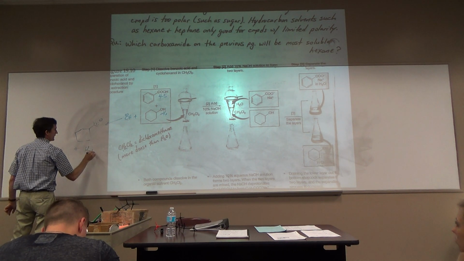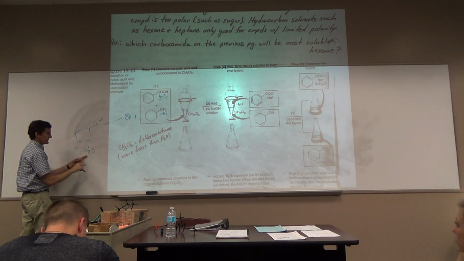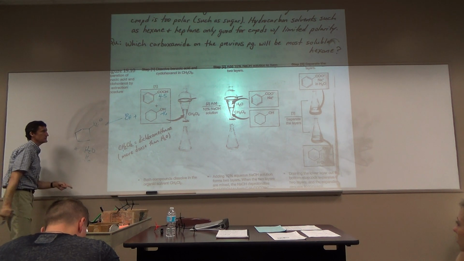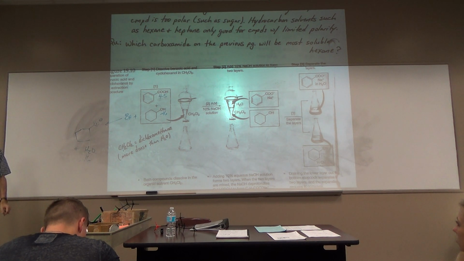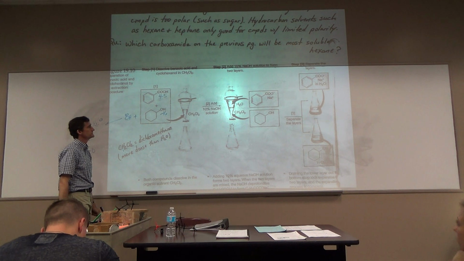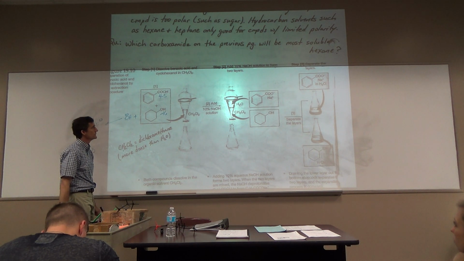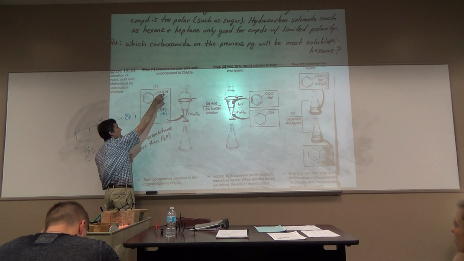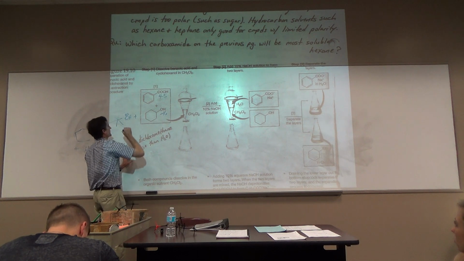Plus water. pKa of 16. What's water's pKa? Also 16. Your equilibrium is no good. It ain't going to work. Only the carboxylic acid will be deprotonated. This ain't going to work in practice.